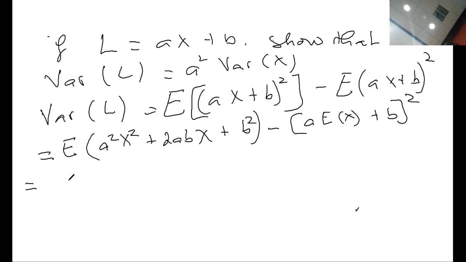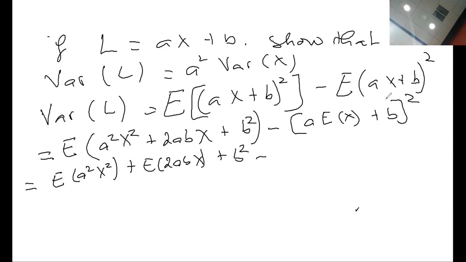So this is going to be equal to E of a squared x squared plus E of 2abx plus b squared. By the property of the mean, the mean of a constant is that constant. b squared is alone without x. Now minus, I'm going to do this one directly.